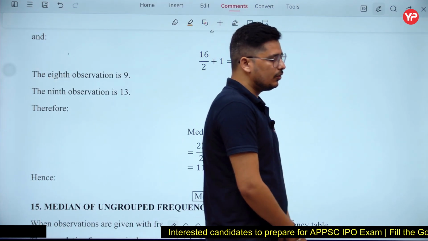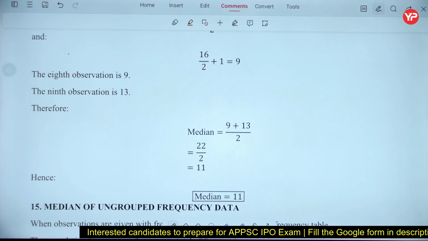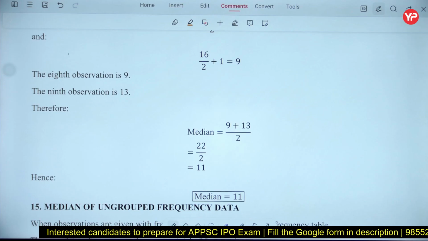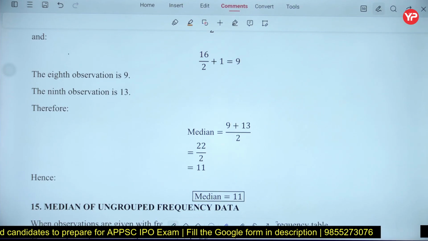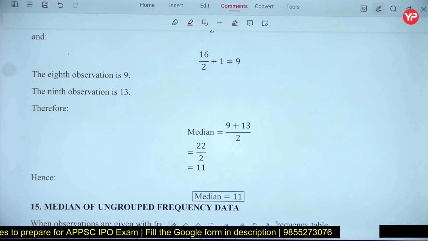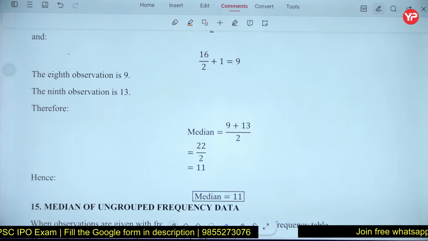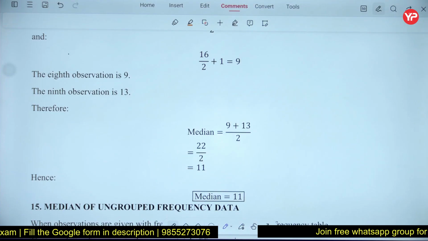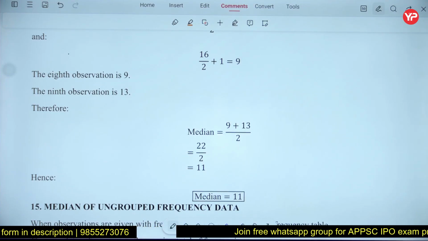Remember how we can find the median of the given data. The median is just the middle value, the center value from the given data.